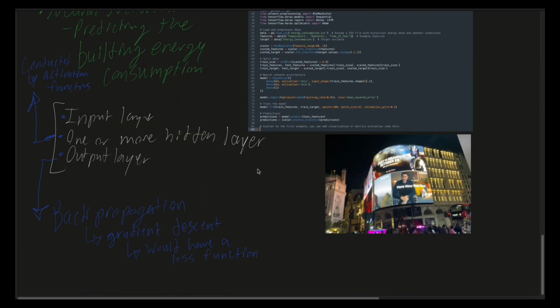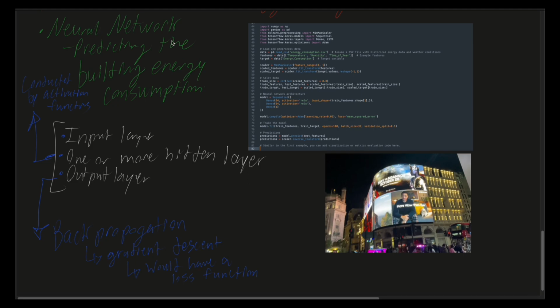There we go. The loss function serves a purpose to compare the accuracy of training.